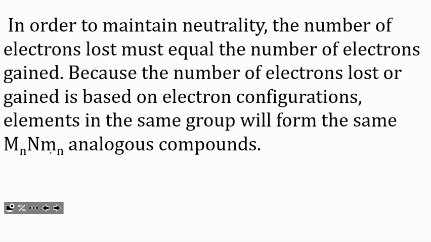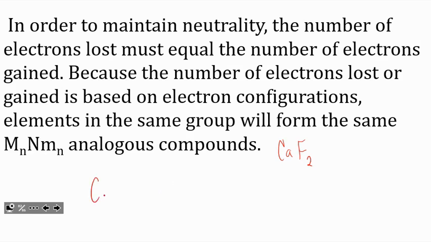Now, when we look at these, typically you're going to find things in the same column forming the same ratios. So for example, if we had calcium fluoride, this would give up 2 electrons, and you would need 2 of these to get those electrons, because this can only gain 1 electron.